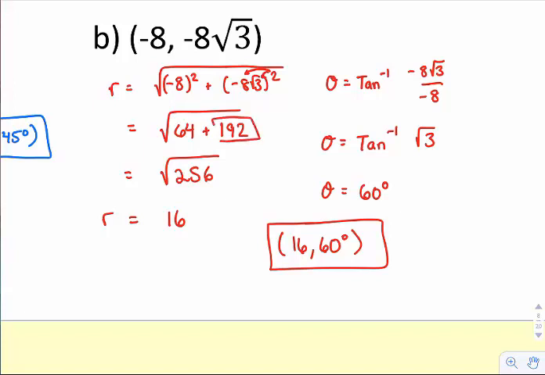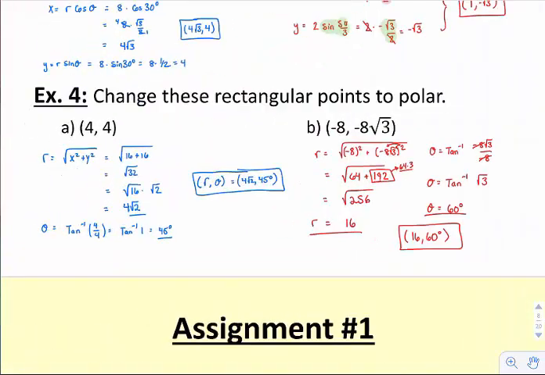This is 64 times 3, so that's what I did to get the 192. That actually ends up being a perfect square, so we get r equals 16. And for tangent inverse, these guys cancel out. You get tangent inverse of radical 3, and that is going to put you right at 60 degrees on the unit circle. So that gives you your r, theta. So again, that's some conversions.